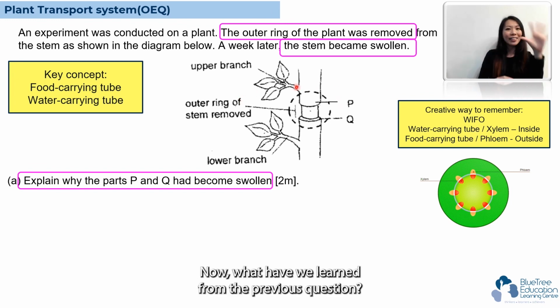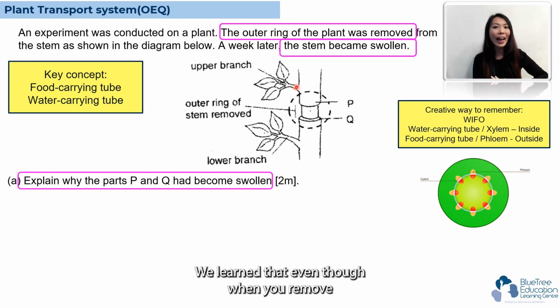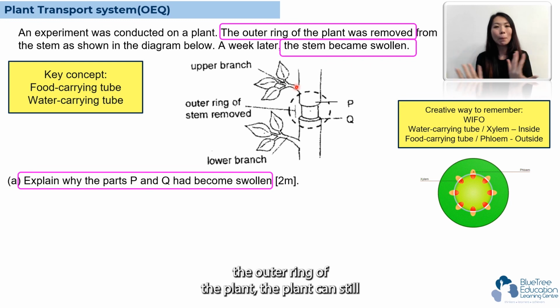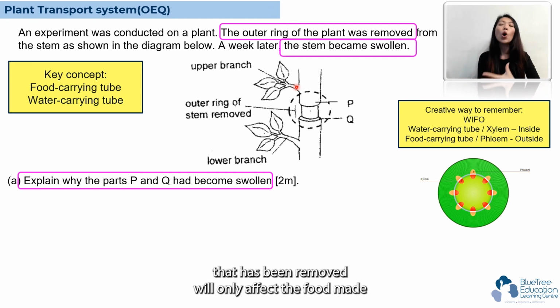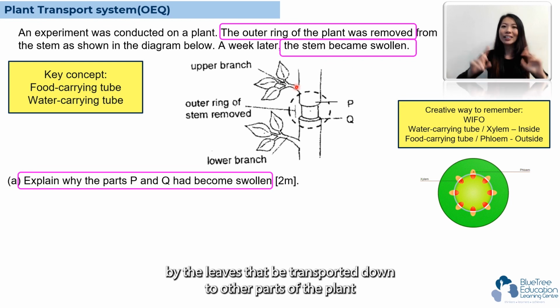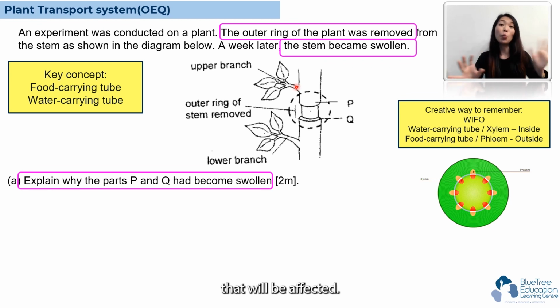Now what have we learned from the previous question? We learned that even when you remove the outer ring of the plant, it can still survive, because removing the outer ring will only affect the food made by the leaf that will be transported down to other parts of the plant.